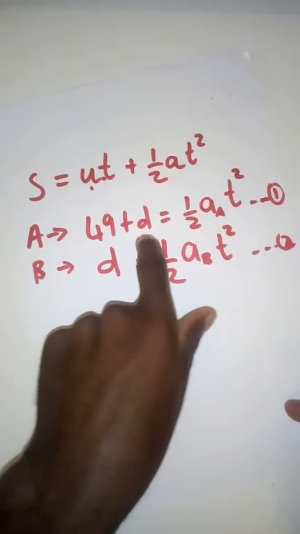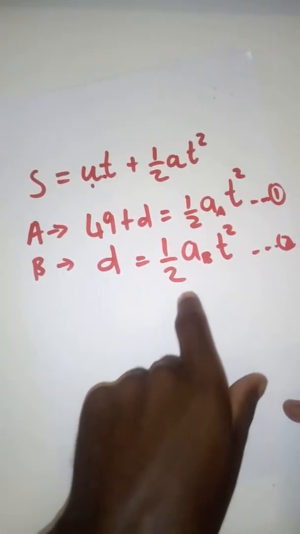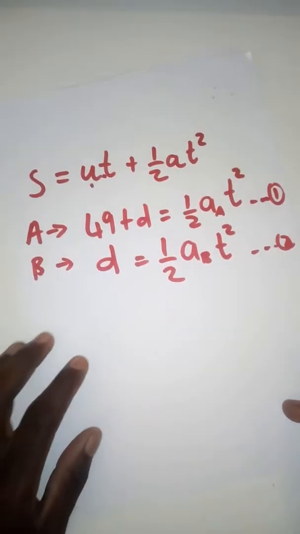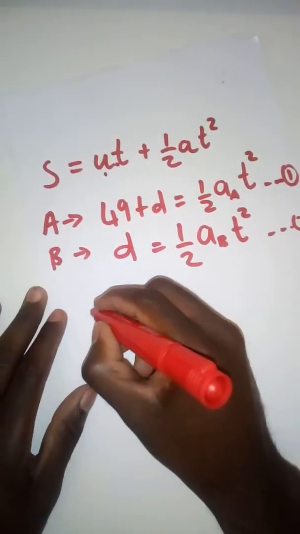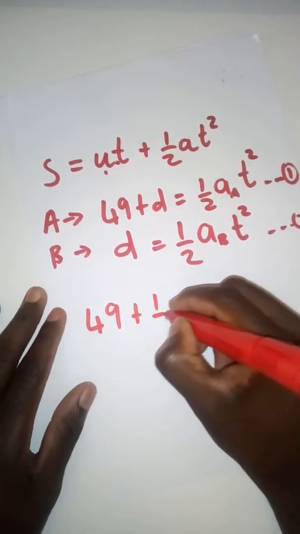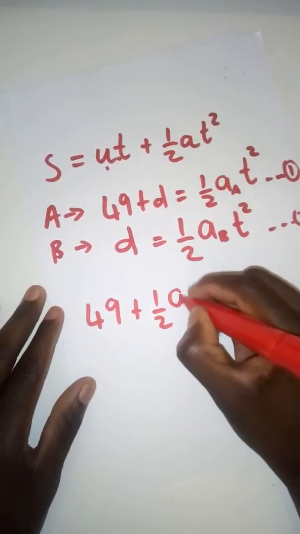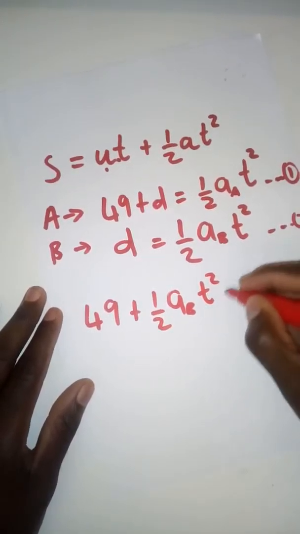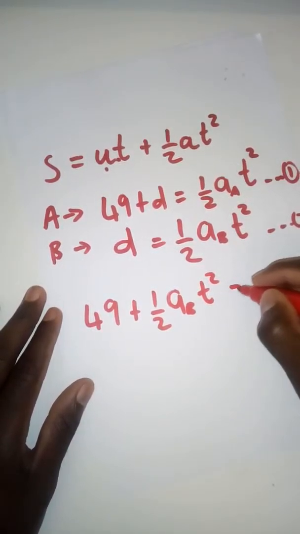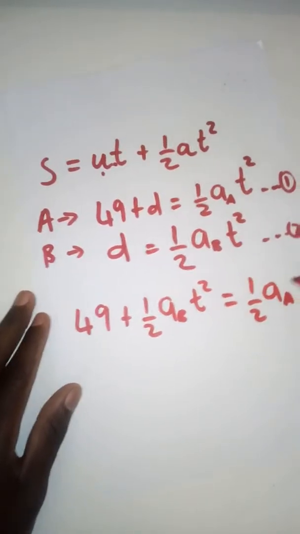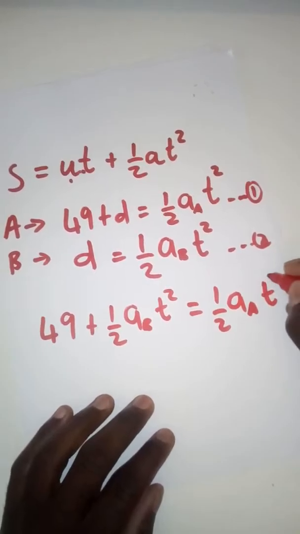We already know D is 1 over 2 a_B t squared. So 49 plus 1 over 2 a_A t squared is equal to 1 over 2 a_B t squared.